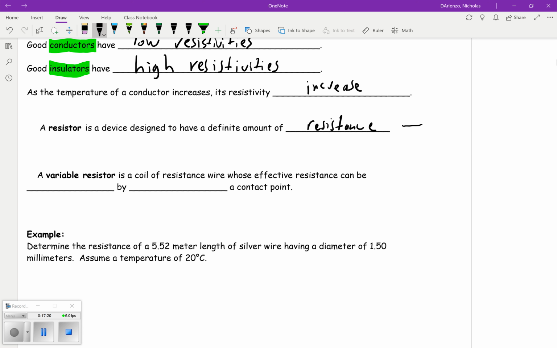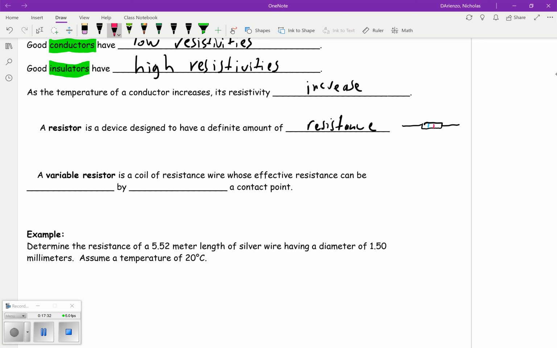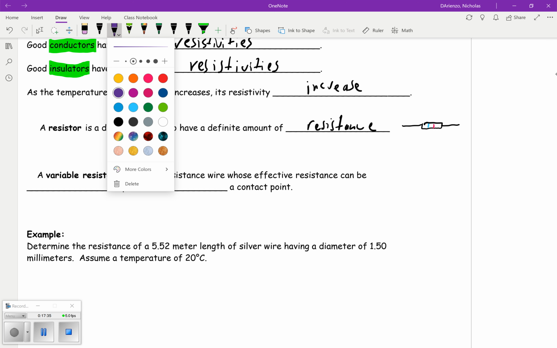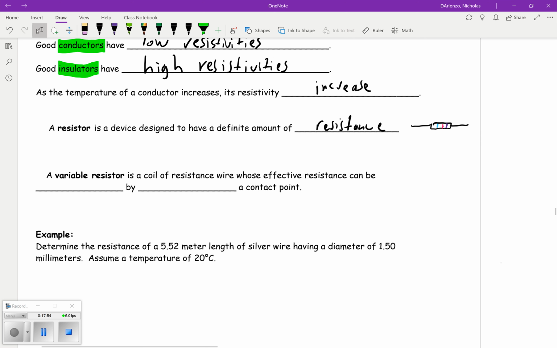Oftentimes these are little electronic components that look something like that, and would then have a series of different colored bands on the resistor, which would indicate the amount of resistance in that resistor. These are then added into different electronic components to achieve certain currents, voltages, etc. required in that circuit, which we get into more in our next lesson.